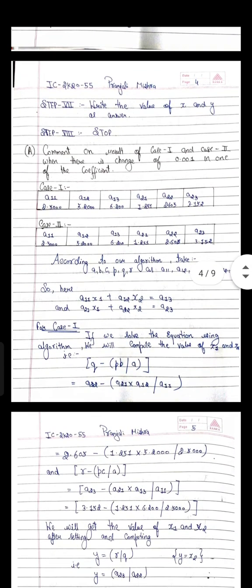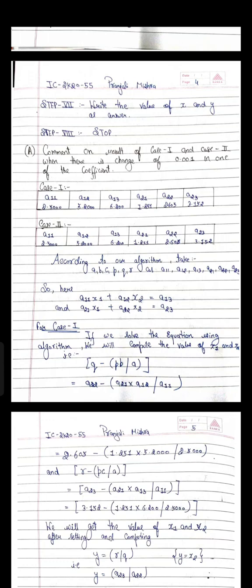The first part: comment on the result of case 1 and case 2 when there is a change of 0.001 in one of the coefficients. We have given case 1 and case 2 here. According to our algorithm, we replace a, b, c, p, q, r by a11, a12, a13, a21, a22 and a23.